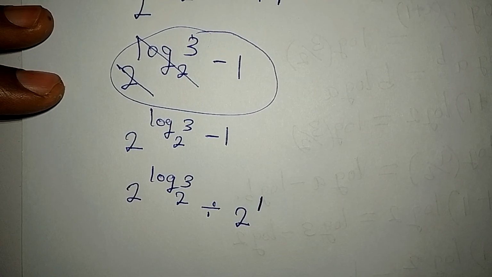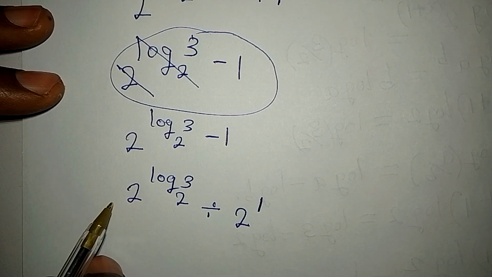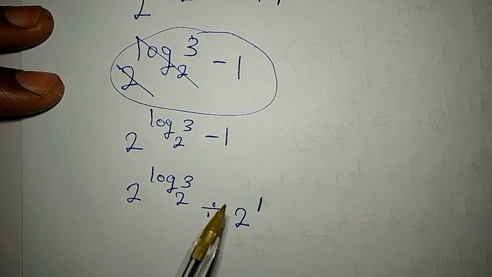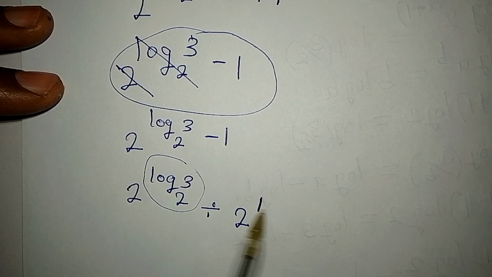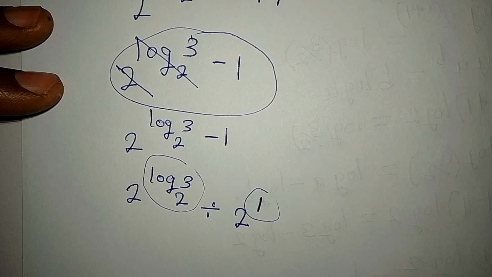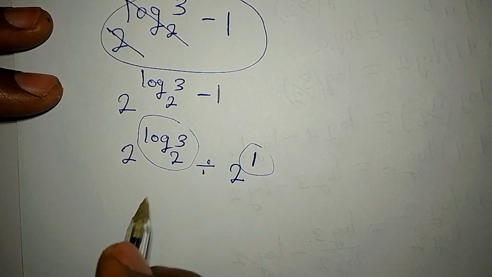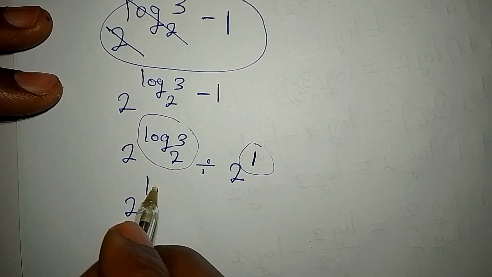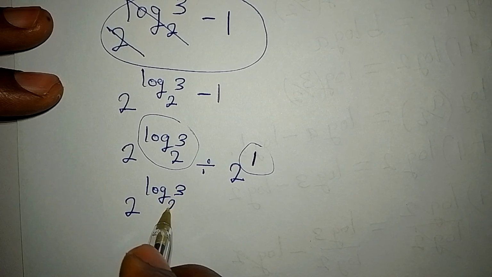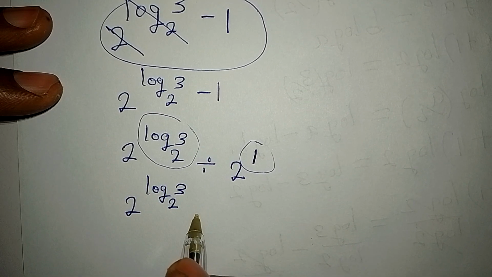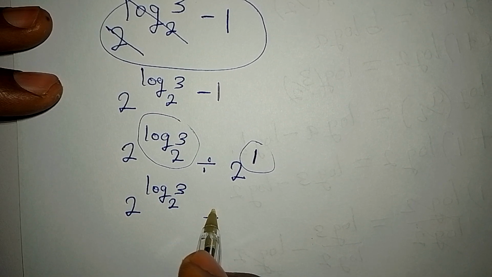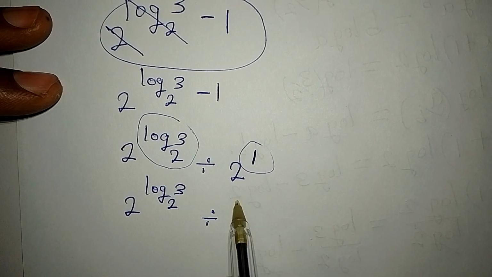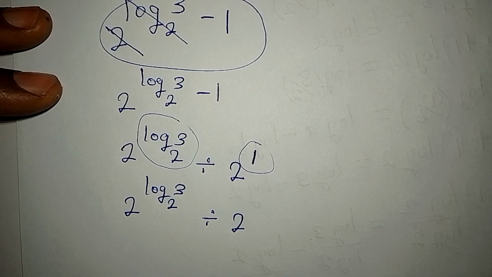Now, if you are to convert this back, we are going to pick one of the bases and subtract the powers. Remember, this is a power and this is the other power. So if we continue with this, we have 2 to the power of log 3 to base 2, then divided by 2, because 2 to the power 1 is the same thing as 2.